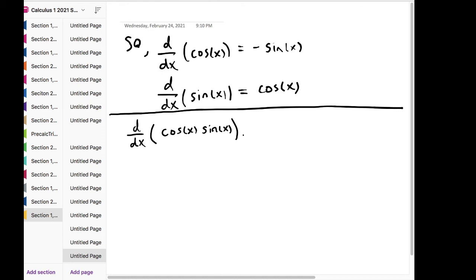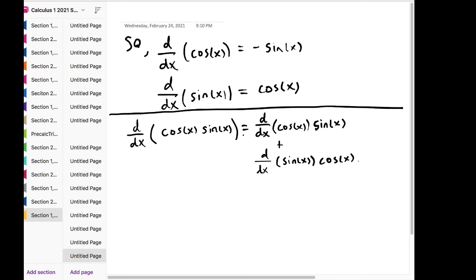Product rule, right? Product rule says that if you have a product of two functions, you take the derivative of the first, then multiply by the second, and then add it to the derivative of the second function, multiplied by the first.